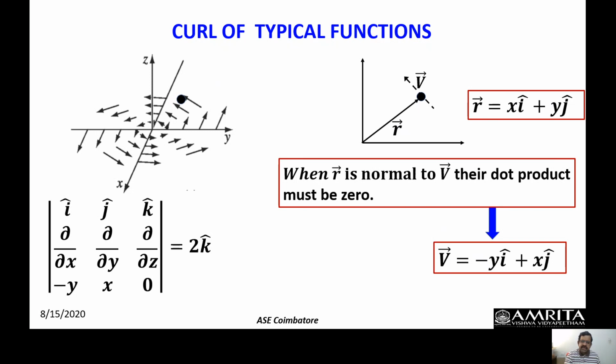Now, when I take the cross product del cross v, the x component is minus y, the y component is x, and there is no z component, so the z component is 0. When I take the cross operation, I will get 2k hat, which is what I said.